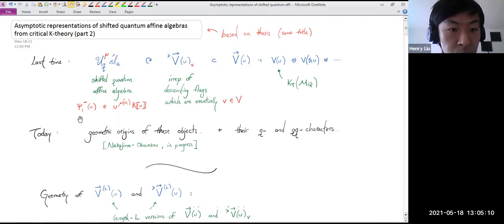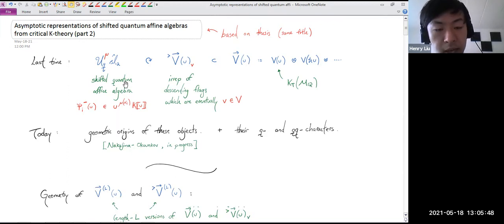And remember, these psis are supposed to be the quantum affine analog of just elements inside your Cartan. I'll say a bit more about that later. But the shifts which occur, more precisely this mu, which I've written in red, in the usual setting, these psis will be power series in either u or u inverse with an invertible constant term.